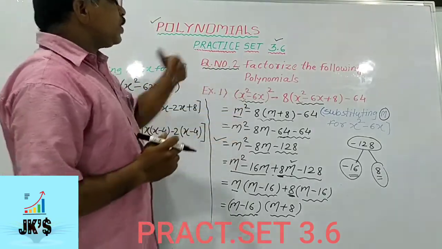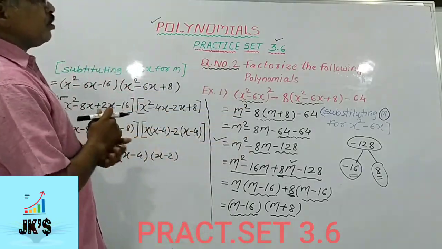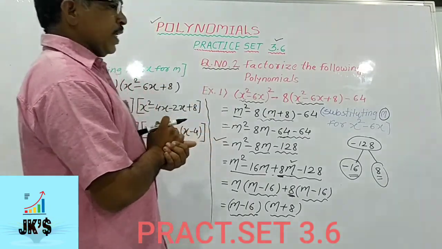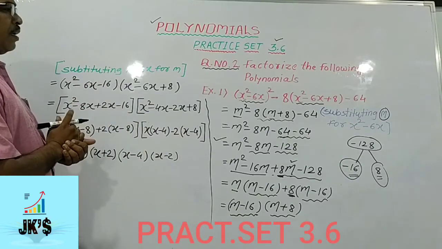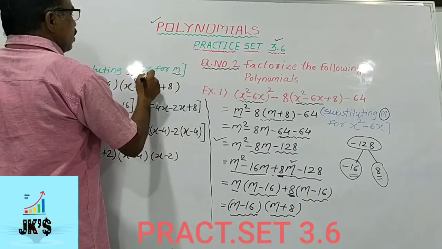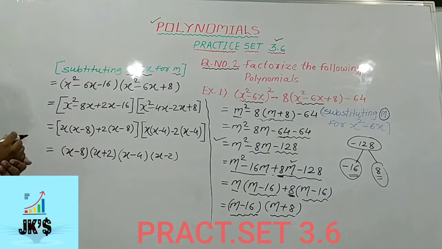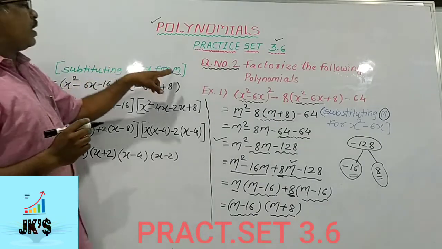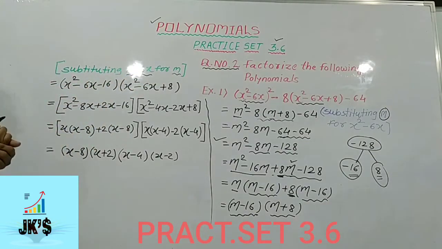So we resubstitute. Resubstitute means we come back to the variable x, but we know that m was taken for x square minus 6x, means we substitute x square minus 6x for m.